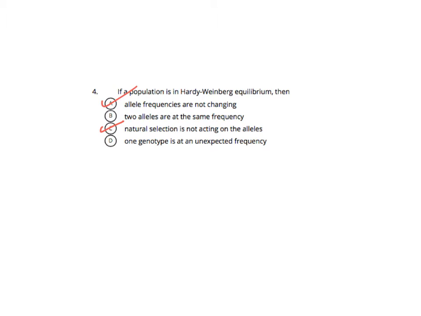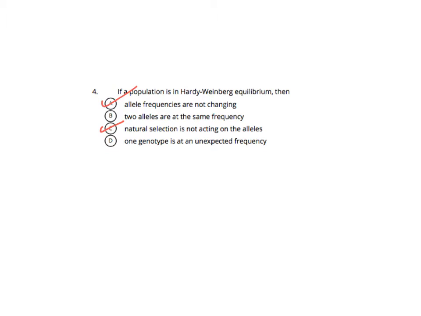When allele frequencies are changing, that suggests the possibility of what things? Either natural selection or what other forces cause allele frequency changes? Mutation, drift, migration, immigration and emigration, population size change, and non-random mating. All stuff from last class.